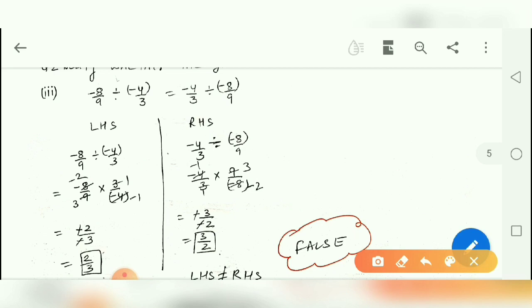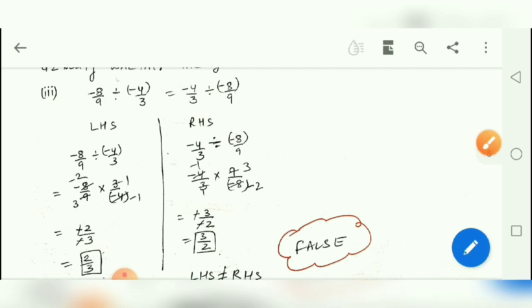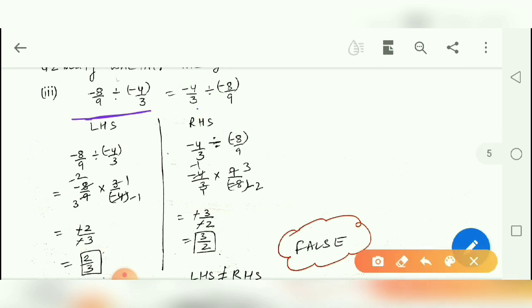Here on left hand side this is the question, and on right hand side this is the reverse order of the question. Negative 8 by 9 divided by negative 4 by 3. Here we will do the solution like this and get the answer of left hand side as 2 by 3. Now on right hand side we have reversed the order.